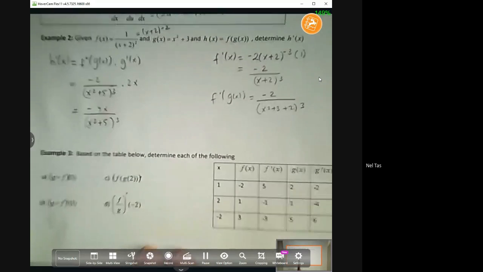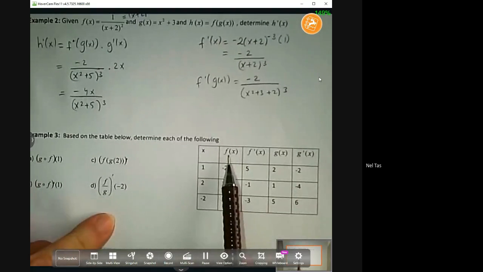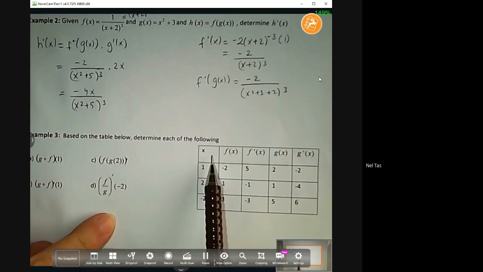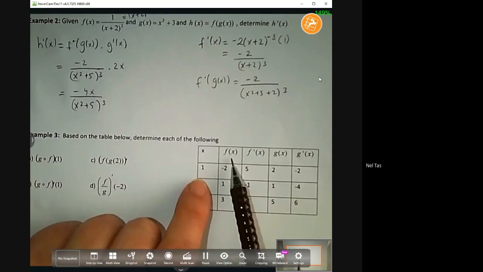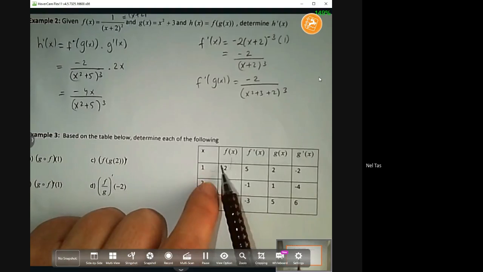All right, so next one. We are given a table, as you see. We have f prime, g prime, and we have their values at certain x values. So when x is 1, 2, and negative 2. So let's say you want to find f of 1, so you do f and 1, this is negative 2.